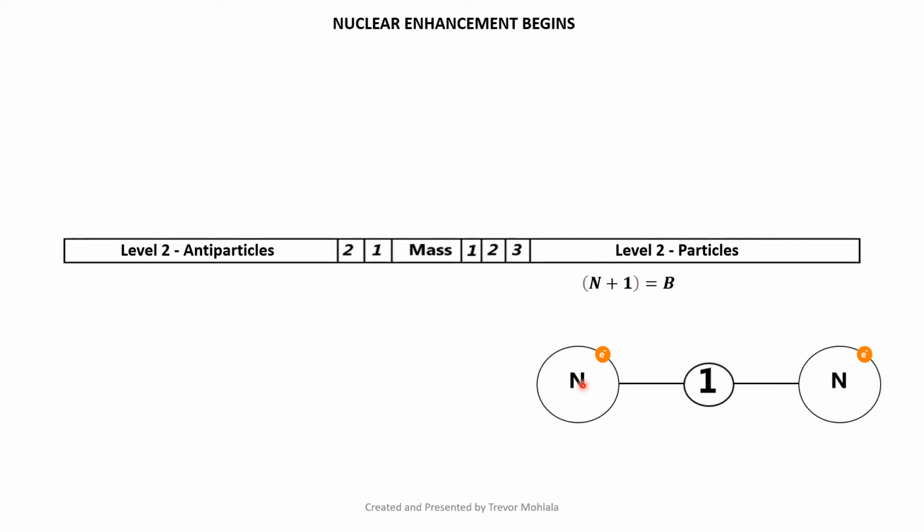The same process is going on the other side, where the nucleus has given off, through the process of beta minus, a positron. And now the positron here is hard at work to protect the nucleus of this antiparticle and enhance this nucleus. So this is the first level of nuclear enhancement, and it is therefore the first level where we have witnessed motion, which is fulfilled by the first law of motion.